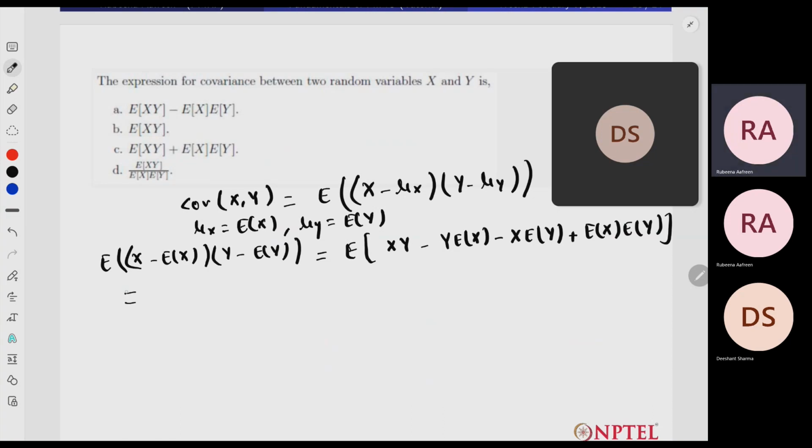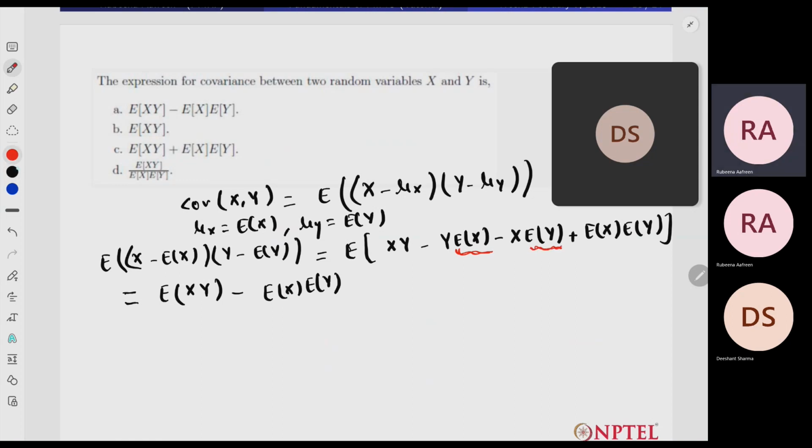Now we know that expectation is additive, so we can take it inside. This will be expectation of xy minus this: expectation of x is already a constant, so we can take it out. So this would be expectation of x into expectation of y. Again here, this expectation of y is constant.